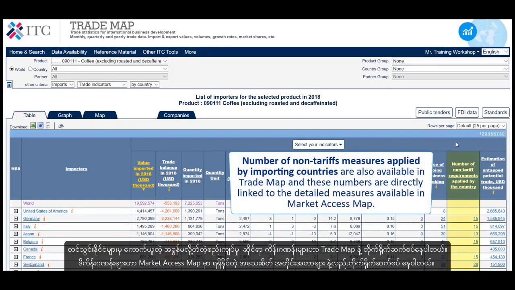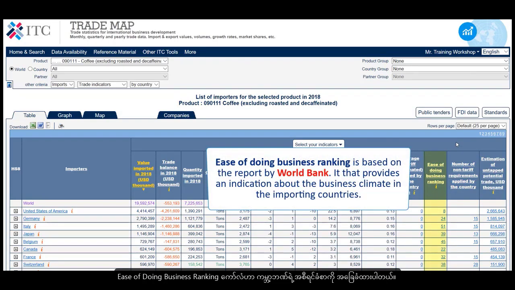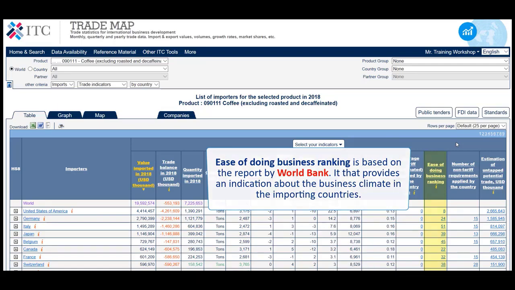Number of non-tariff measures applied by importing countries are also available in TradeMap, and these numbers are directly linked to the detailed measures available in Market Access Map. Ease of Doing Business ranking is based on the report by the World Bank. It provides an indication about the business climate in the importing countries.